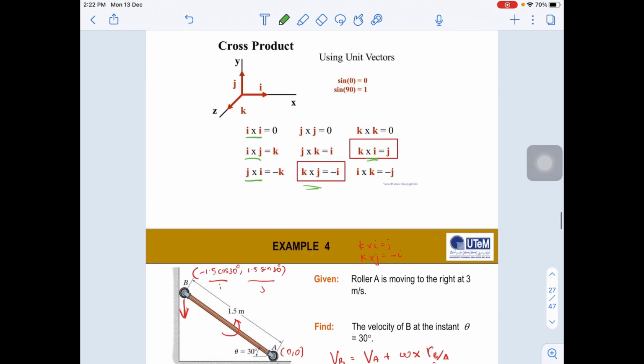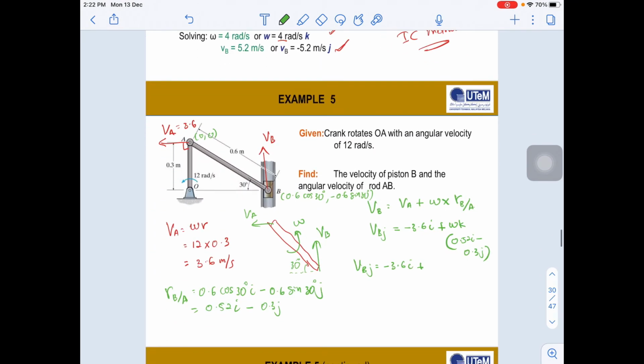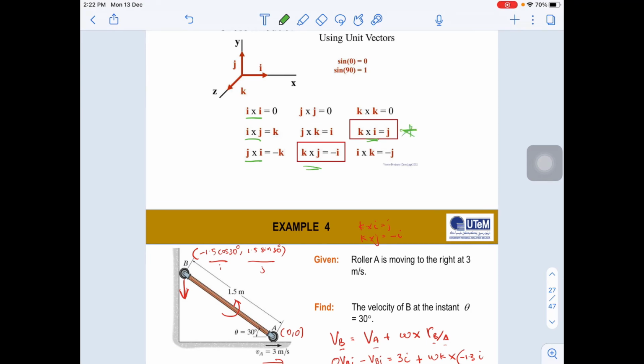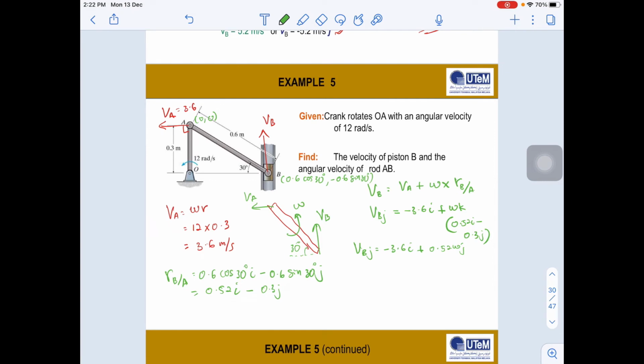K darab I is equals to J. Okay, so J 0.52 omega J, and then K times J is minus I. So K times J is minus I, that means minus 0.3 omega I. Okay, kemudian separatekan I and J. So I you have 0 is equals to negative 3.6 minus 0.3 omega, and then J you have VB is equals to 0.52 omega.